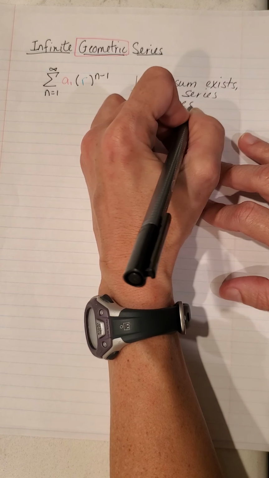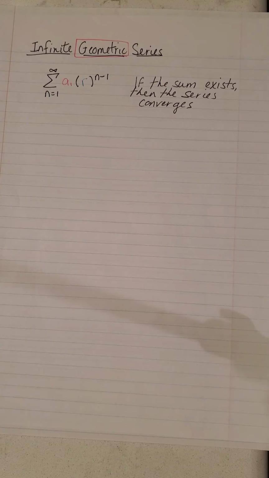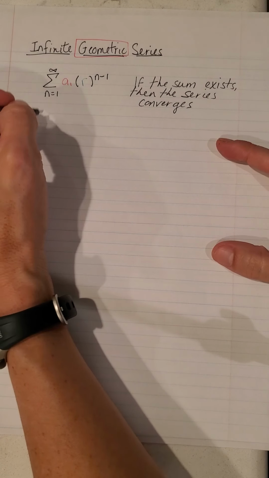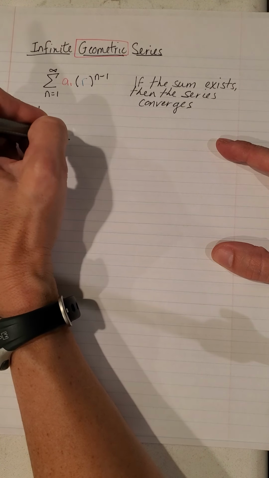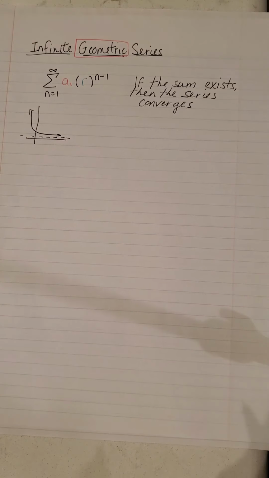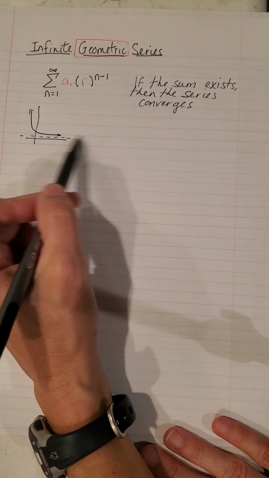What that means is, because it's exponential, there's going to be a horizontal asymptote that it's going to get very close to as it goes from left to right. So it's going towards something. It looks something like this. If I was to graph it, it would look somehow like this. There would be some sort of horizontal asymptote that it's getting very, very close to as it's moving out towards infinity.